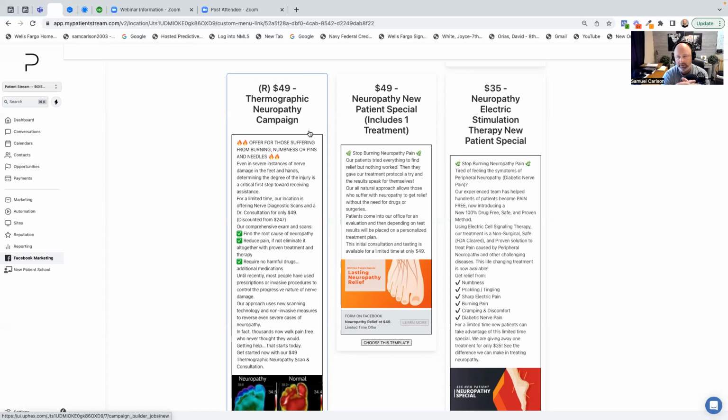You'll notice this one includes one treatment. Now, the reason it's one treatment, by the way, is because we have so many clinics that do so many different things. If we're doing an evaluation, an initial treatment, and potential diagnostic work, that could be a whole bunch of stuff.